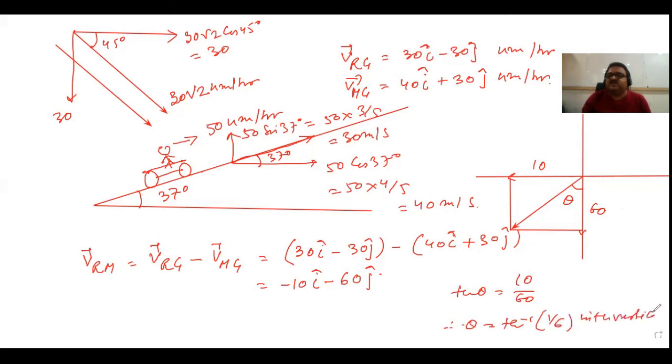That means if I draw a perpendicular like this, to the man, the rain appears to fall like this. So he needs to open his umbrella in which direction? In this direction.